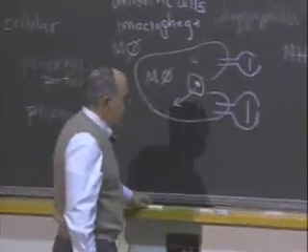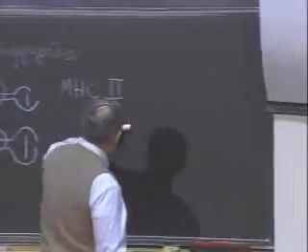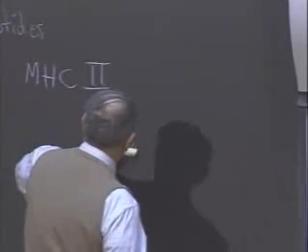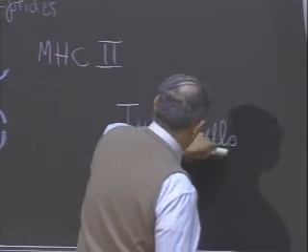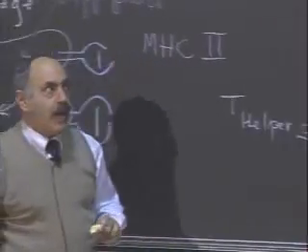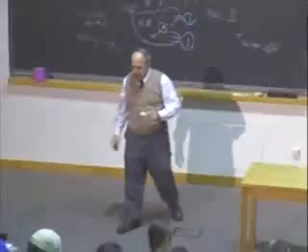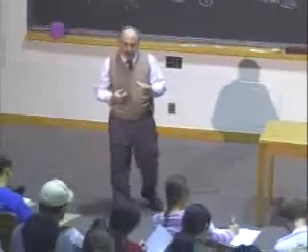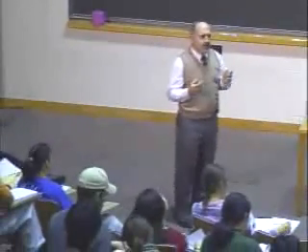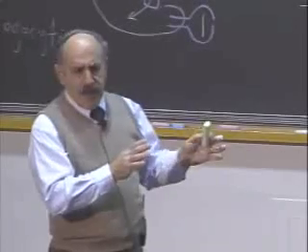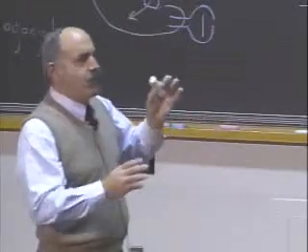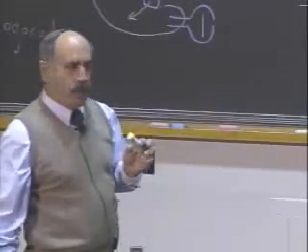And over here is a class of cells which are called T helper cells. The T helper cells are interesting in their own right. They have evolved through a mechanism that is similar to and parallel to the evolution of the B cells.